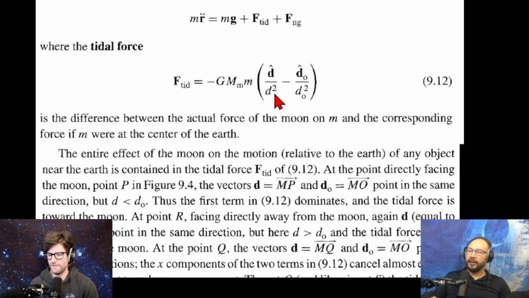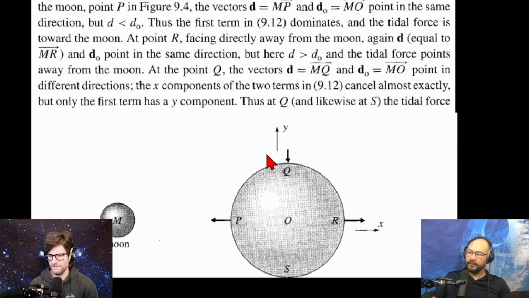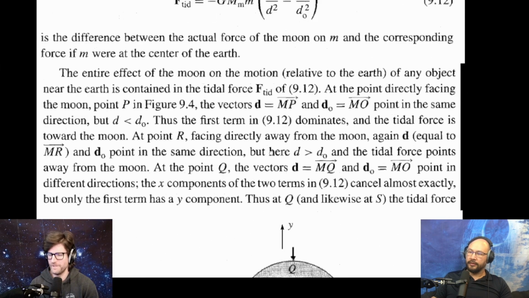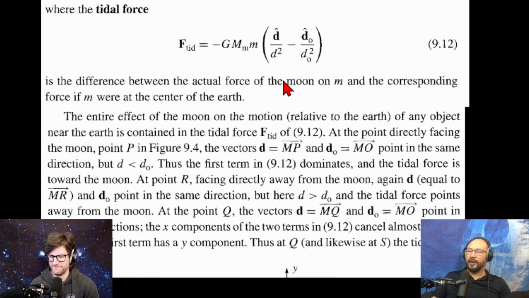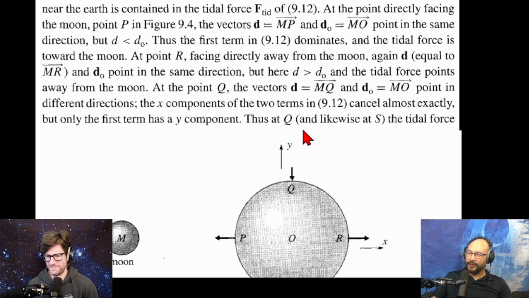Let's just say d is a larger number than d naught. No, I wasn't correcting you, I was saying it's not bigger, it dominates. The net result is a positive F_tid, which is to the right. Cool.